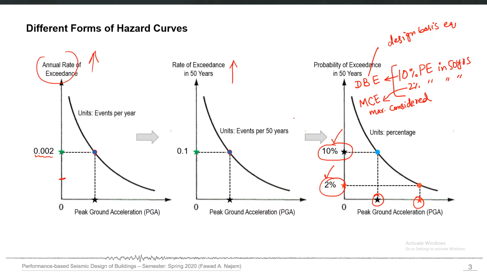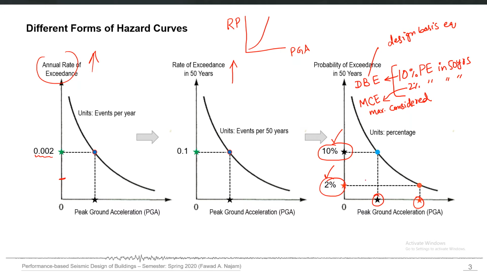Another possible representation of the hazard curve is to have the return period on the y-axis and the peak ground acceleration on the x-axis. In that case the curve will go up, because the return period is the reciprocal of the annual rate of exceedance.